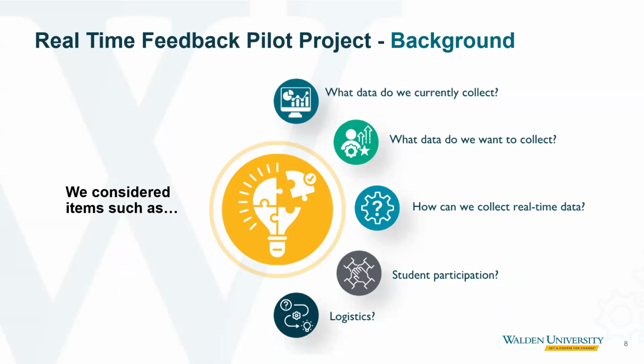We collect the Power BI reports and the CELT surveys. We can track links in Canvas to see if people have opened them or not. But that didn't quite get at what we were interested in. So then we looked at what exactly it is that we want to collect. What is that data?